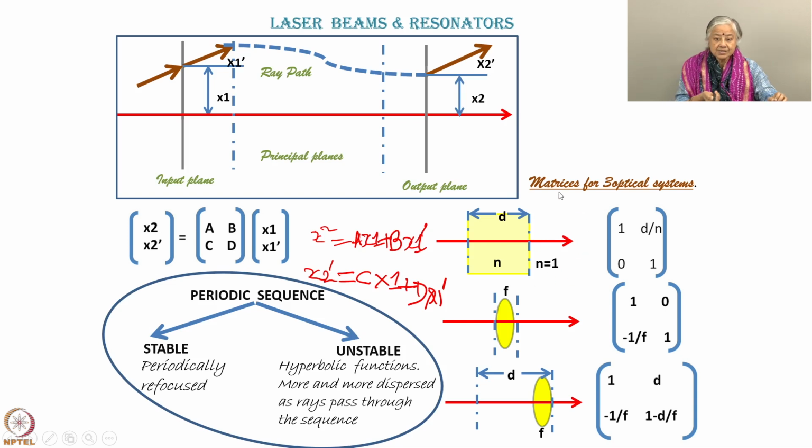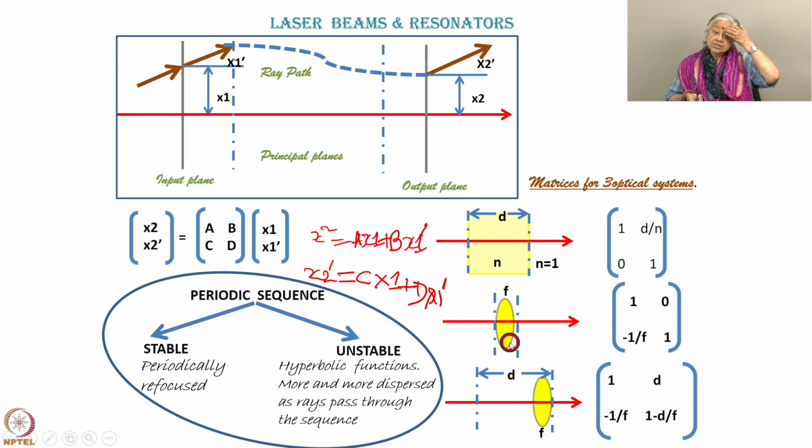Now, the next system is, say, a lens. We come across lenses very often in any optical systems. So, again this red line is the optical axis, same as this optical axis, and we have a lens in between. A lens will have a focal length where it focuses. So, what will be the ABCD matrix of this lens? It is given by 1, 0, minus 1 by f and 1. Okay. So, this is for this.